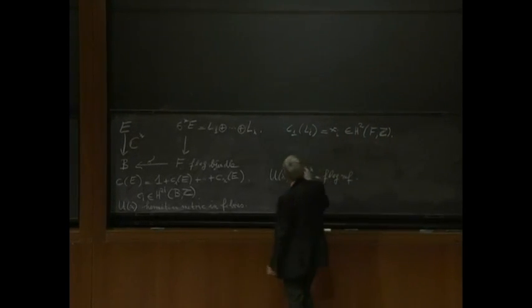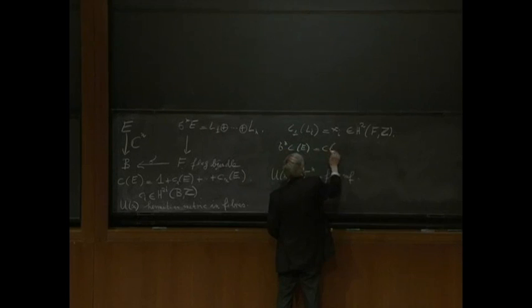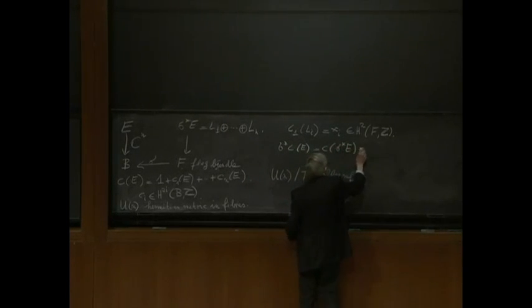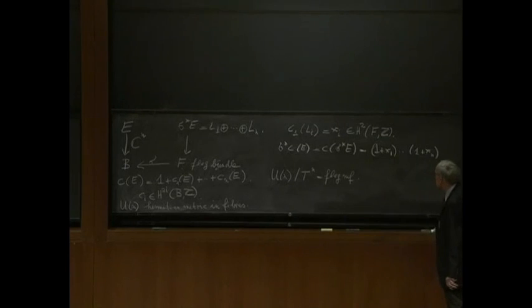And then we can lift the total Chern class of E, and this is the same as the Chern class of the lifted bundle, and this then by the rules for Chern classes, which we assume known here, becomes the product of the total Chern classes of our line bundles, and sigma star is injective.